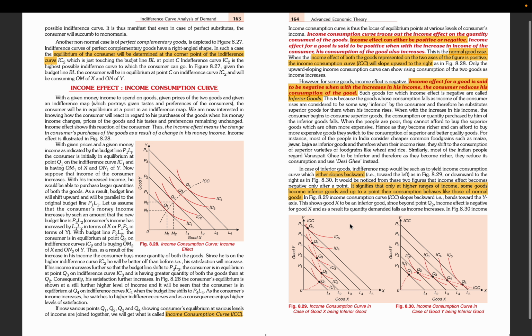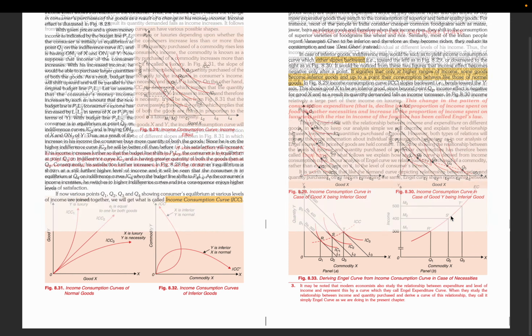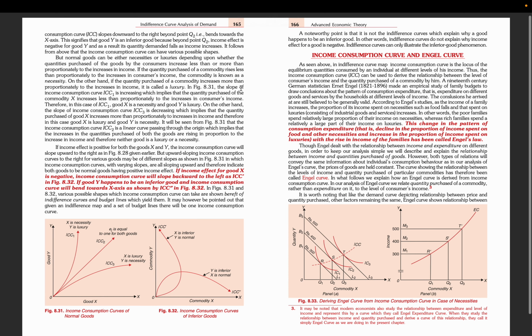But let's say your income rises to 400 rupees. At that point you think, yes, I can allocate enough money for wheat and rice. So after a certain point those goods start to become inferior goods. You can read into this, it explains this process.